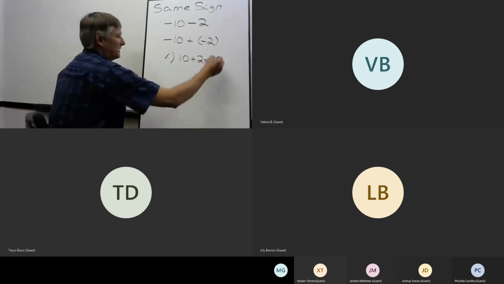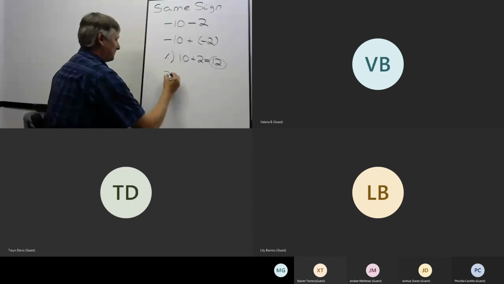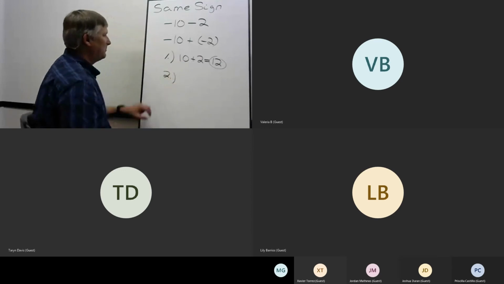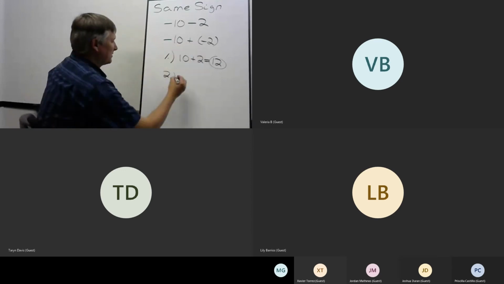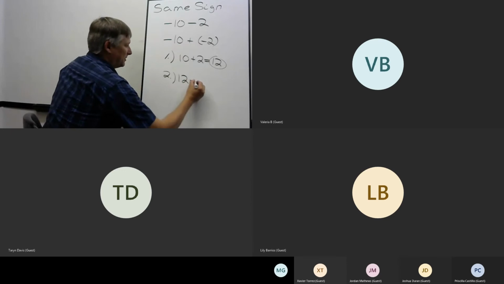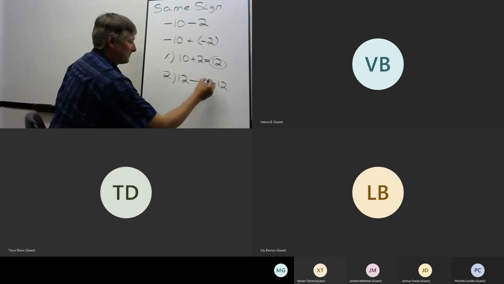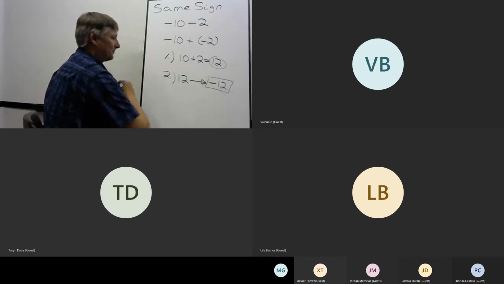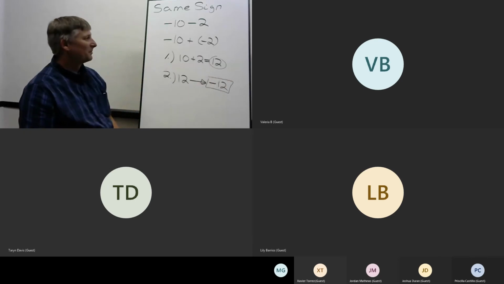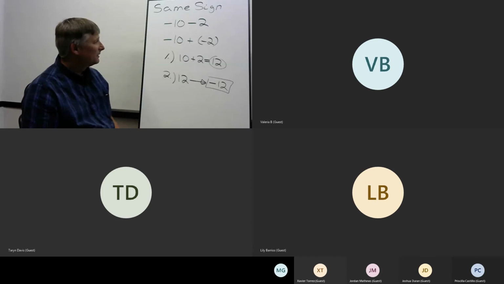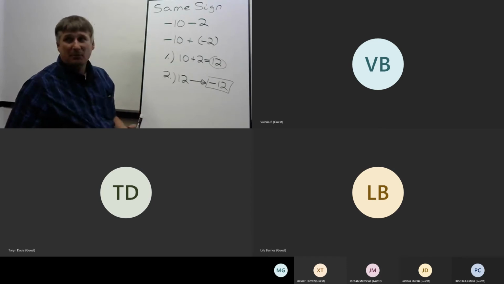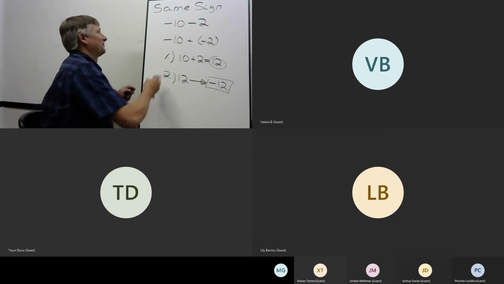We get a preliminary answer. And then we take this common sign and we attach it to the preliminary answer. And that gives us our answer. Now, that's if they have the same sign. What if they have different signs?